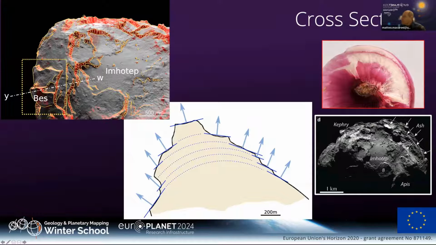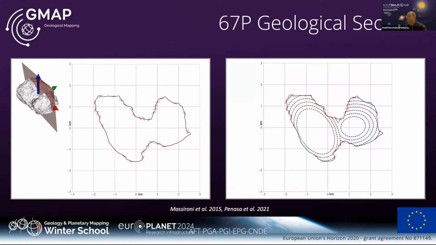So if we extrapolate the concept to the whole comet, we were able at that time to make a geological cross-section of the comet itself, discovering that the two lobes were actually made up of two different bodies.